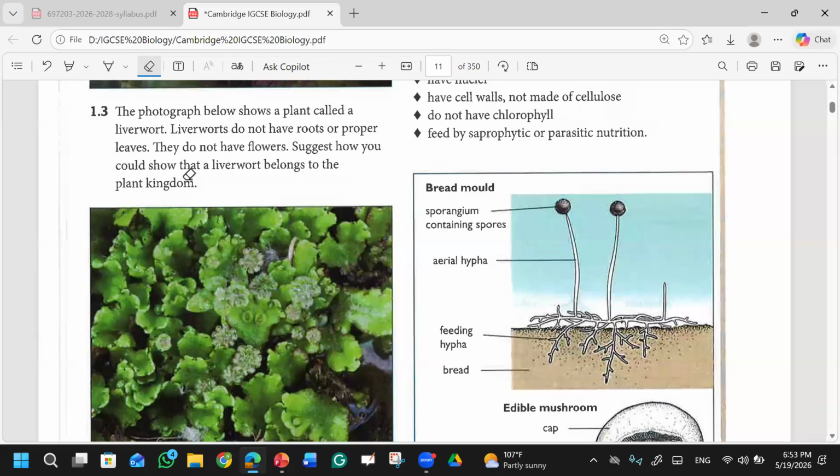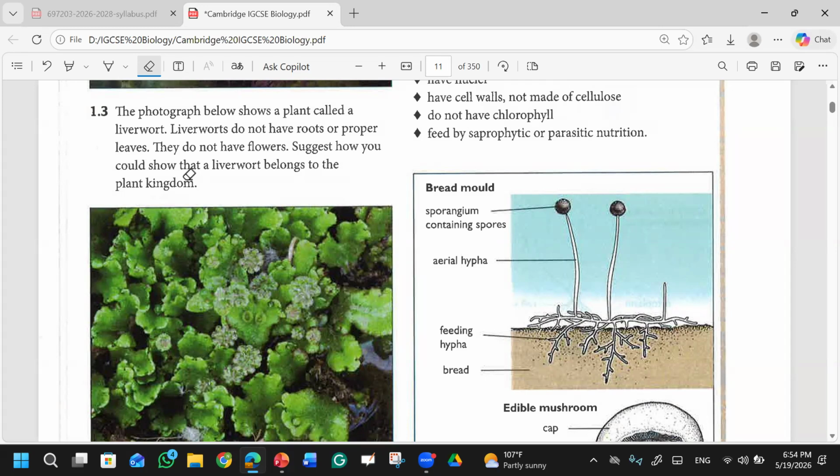If I ask you what the similarities are in the animal and the plant cell, what are the similarities? Both have a cell membrane. And what else? Both have a nucleus.